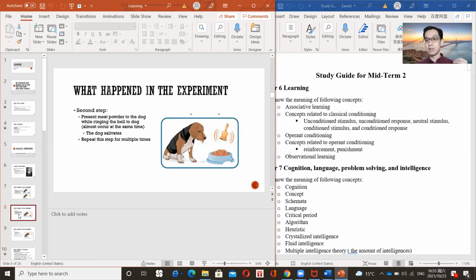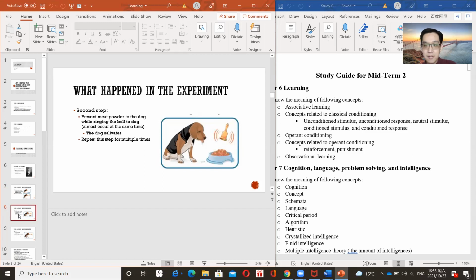The dog learns that the meat powder is paired with the ringing of the bell. The ringing of the bell has some kind of special meaning. When there is ringing of the bell, the meat powder shows up. That's the learning process for the dog. The dog is conditioned to salivate in front of the ringing of the bell.